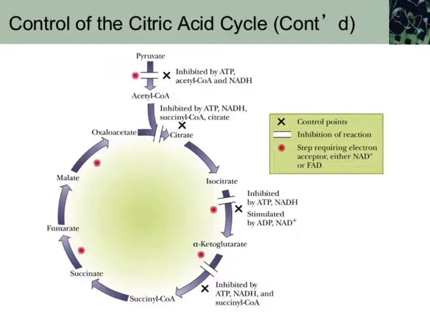Most of the control points are energy related. Notice that we have two other steps that aren't controlled by NADH. They are not control points. Why not? Well, fumarate, malate, oxaloacetate, pretty much everything on that second half gets us to oxaloacetate. Oxaloacetate is super useful synthetically.